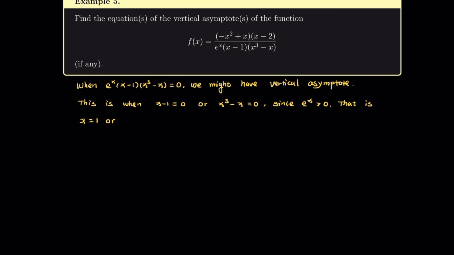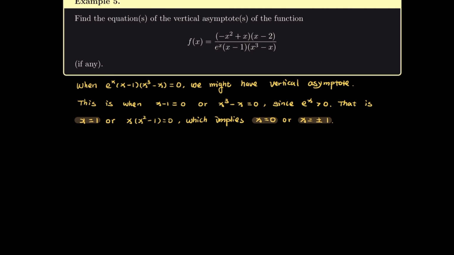So that's when x equals 0, or x times x squared minus 1 equals 0, which implies x equals 0, or x equals plus or minus 1. So now we have three candidates: x equals 0, x equals 1, and the other one is x equals -1.